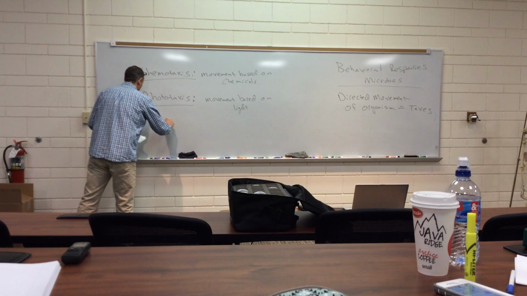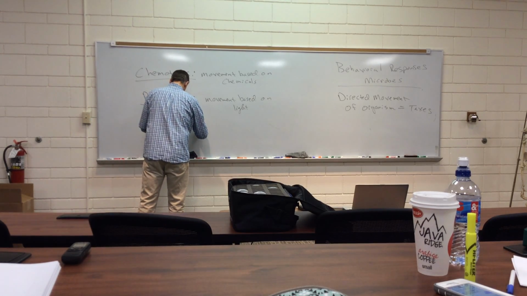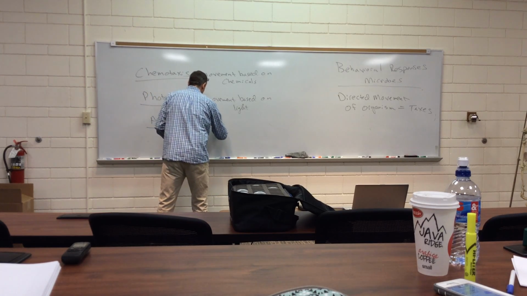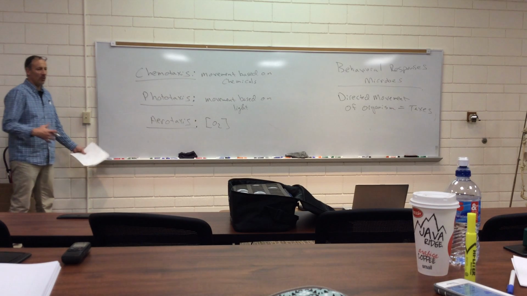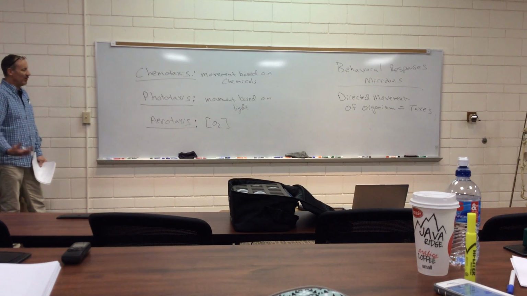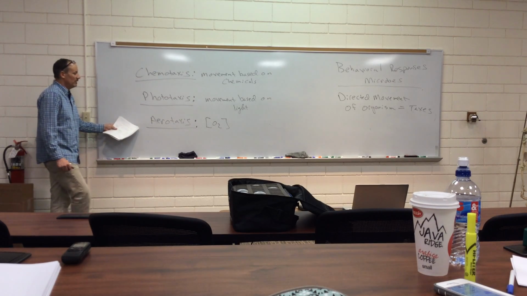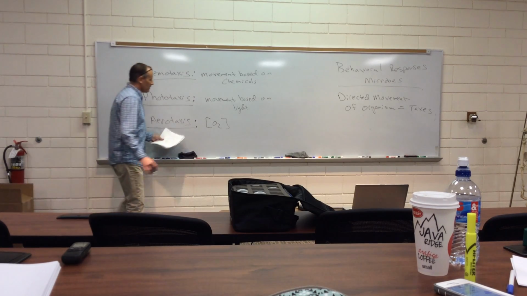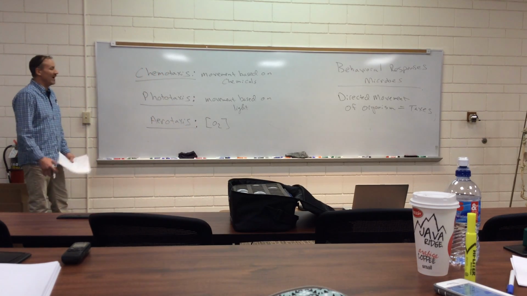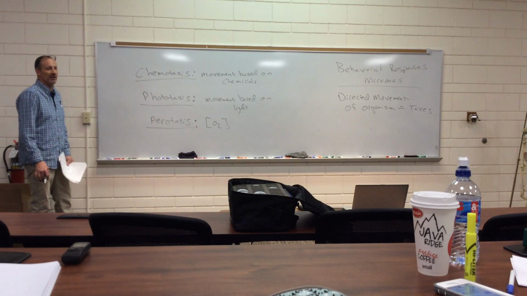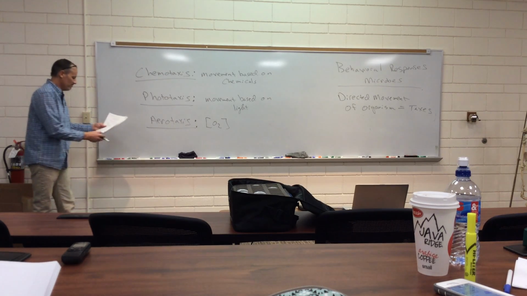Aerotaxis. Aerotaxis deals specifically with O2 concentrations. So we're moving towards or away from various O2 concentrations. A good example of this would be what we call anaerobes, obligate anaerobes. So oxygen is very, very lethal for an obligate anaerobe. They don't like oxygen, so they're going to do whatever they can to get away from it.